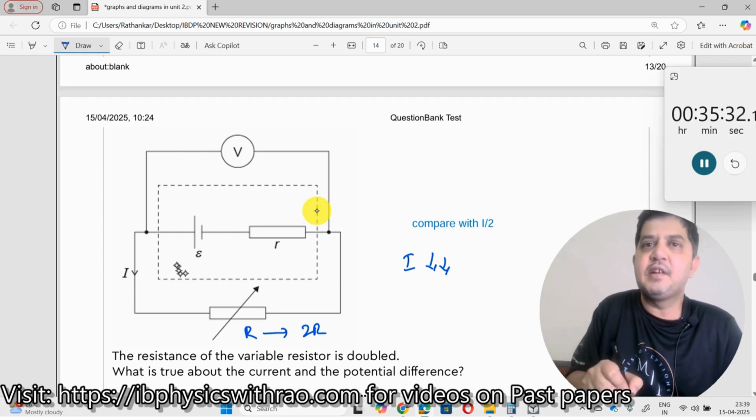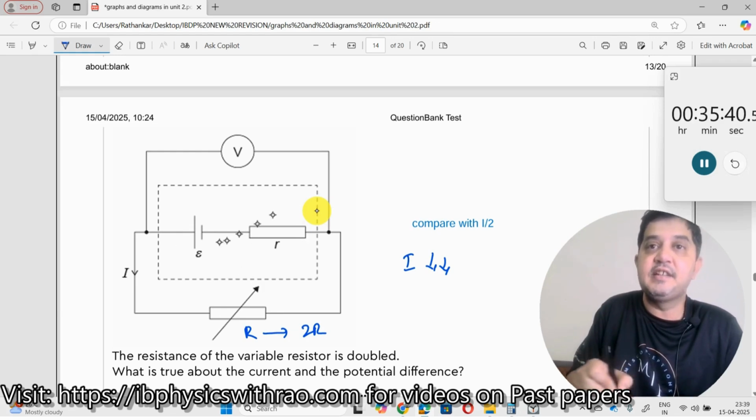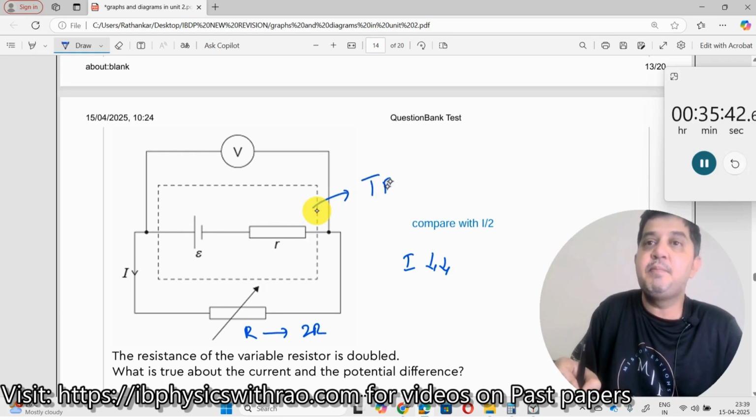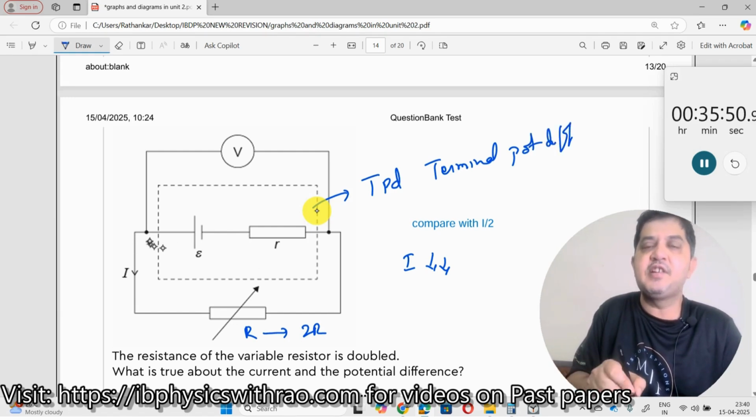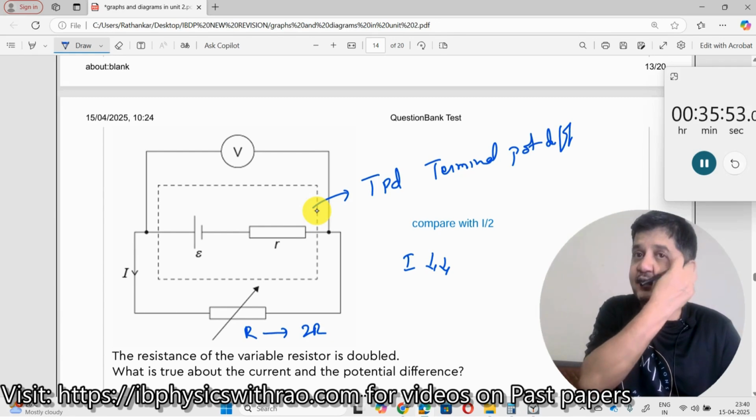Now, what happens here when current reduces? Is the E value changing? E is not changing. Is the R value changing? R is also not changing. What do you call this one? This is nothing but your TPD. What is TPD? Terminal potential difference. It is the potential difference that you measure across the terminals of the battery.